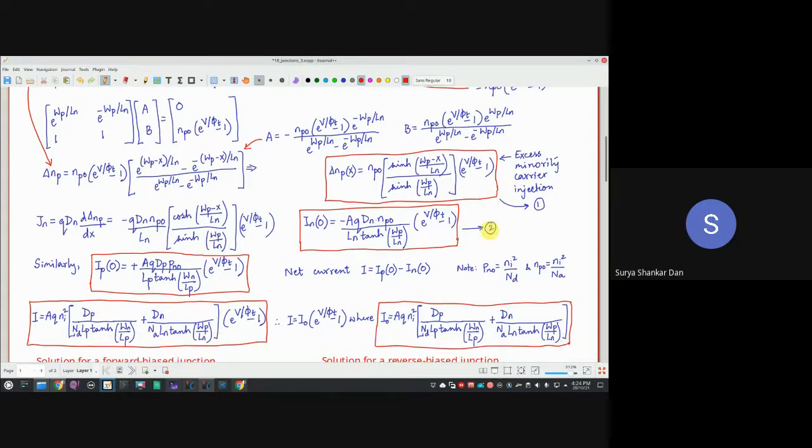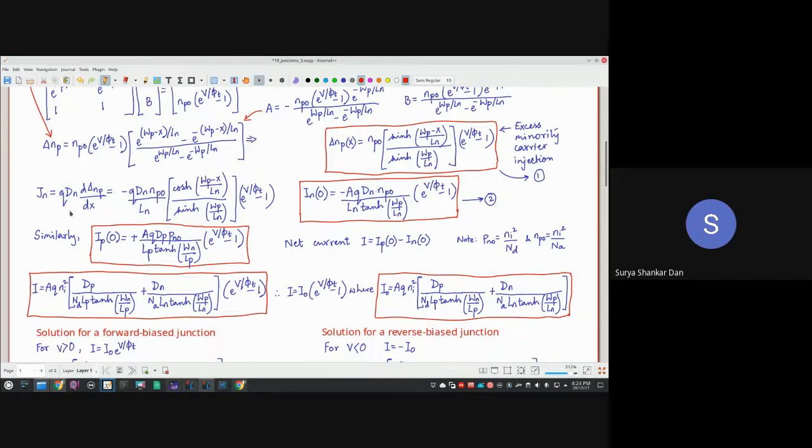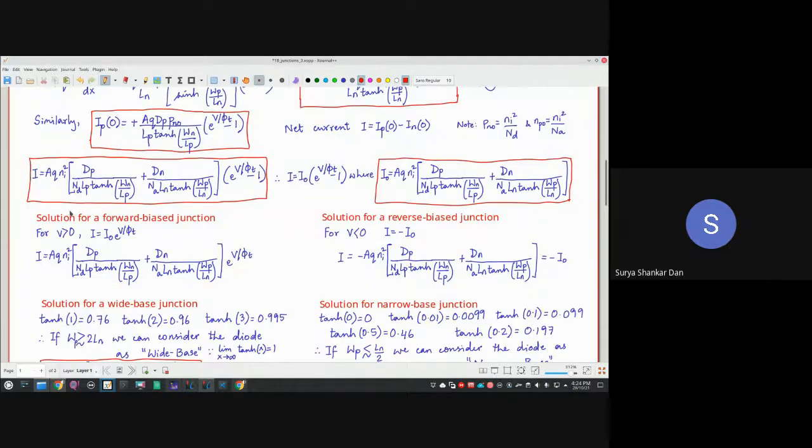All right. Now, if we want to find out the current density, the first thing you have to notice is that I am considering only the diffusion part. The drift part will come later.